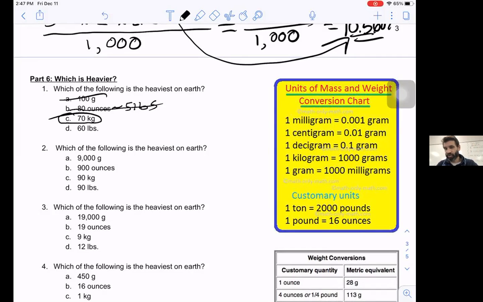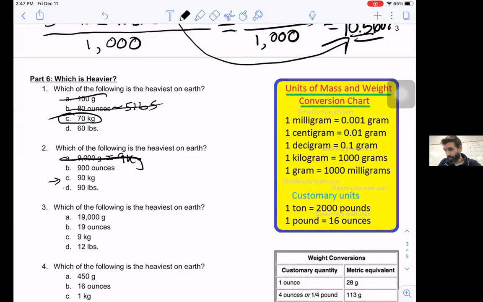All right. So 9,000 grams is 9 kilograms. Well, we already have 90 down here, so that's not going to be right. 90 kilograms, there's 2.2 pounds per kilogram. So 90 kilograms is almost what? 180, 100, almost 200 pounds.